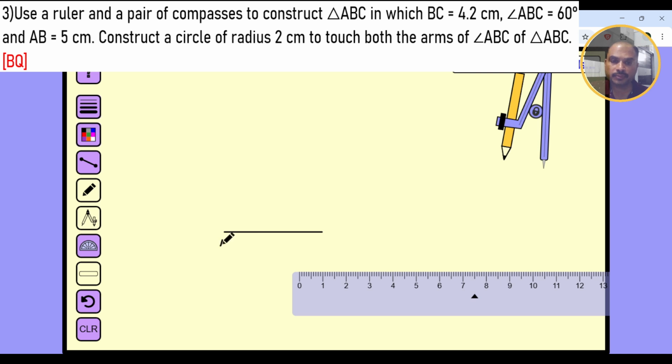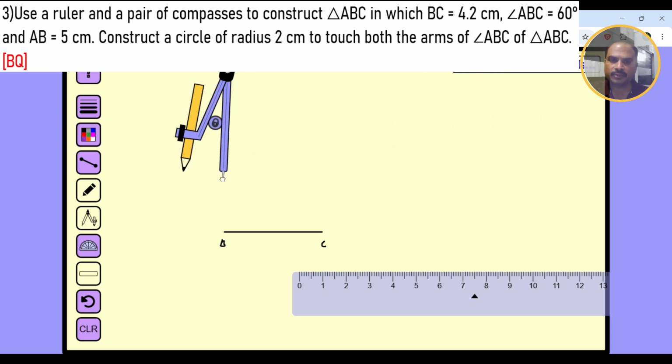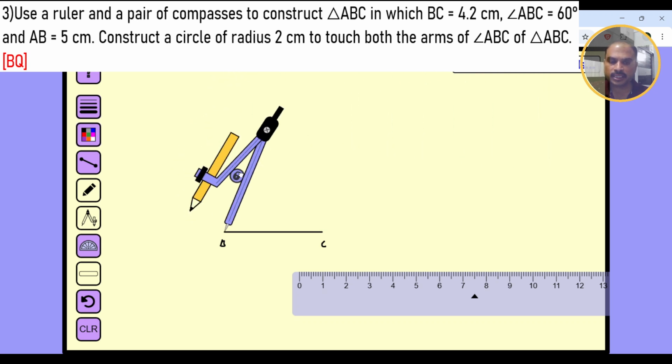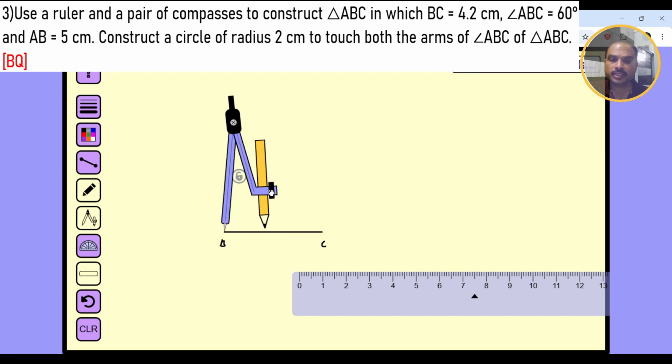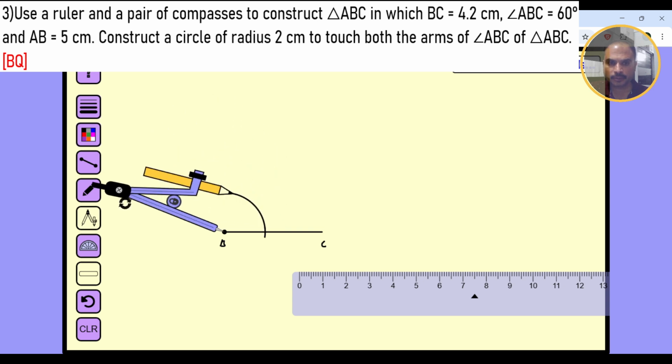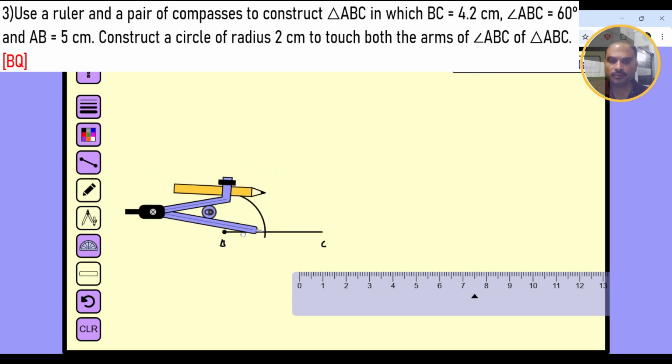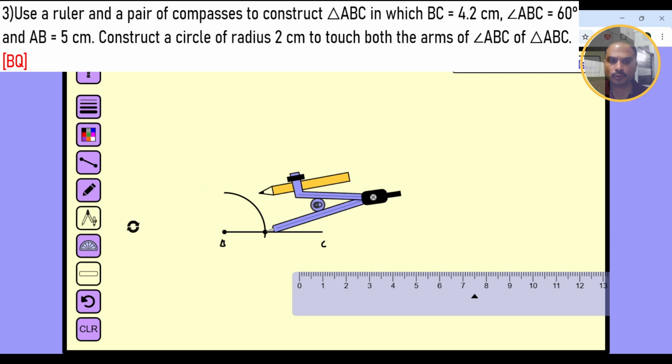So I just name this as B and C. It is 4.2 centimeter. Angle ABC is 60 degree. Angle B is 60 degree. Very simple one, children. Need to understand very carefully. This is the required angle B, which is 60 degree. I am going to draw it now.